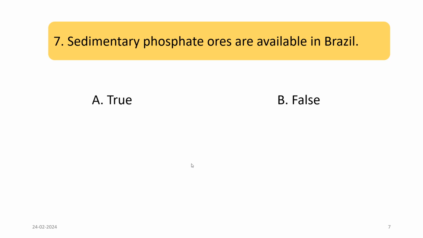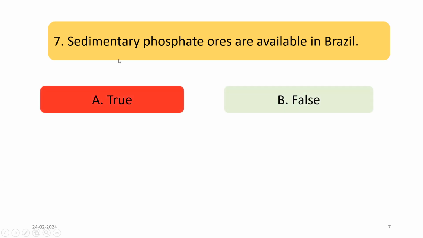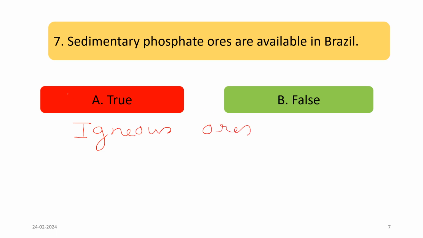True, ma'am. No, it is false. There are two types of phosphate ores: one is igneous ores, and one is sedimentary phosphate ores. Igneous ores are available in Brazil, but not the sedimentary ores. So here it is false.